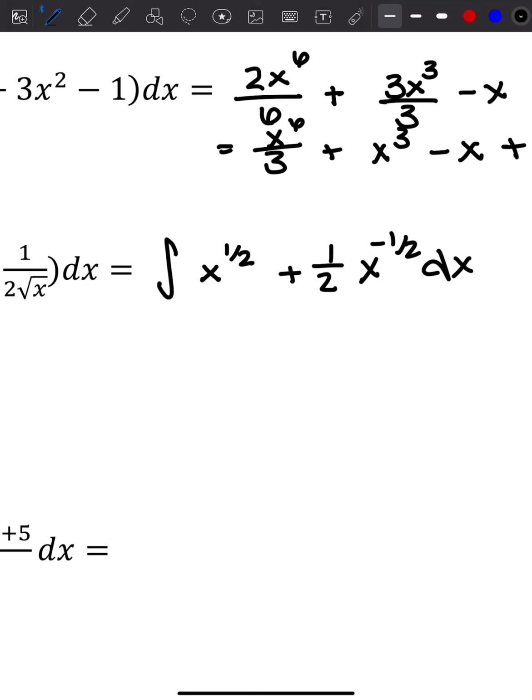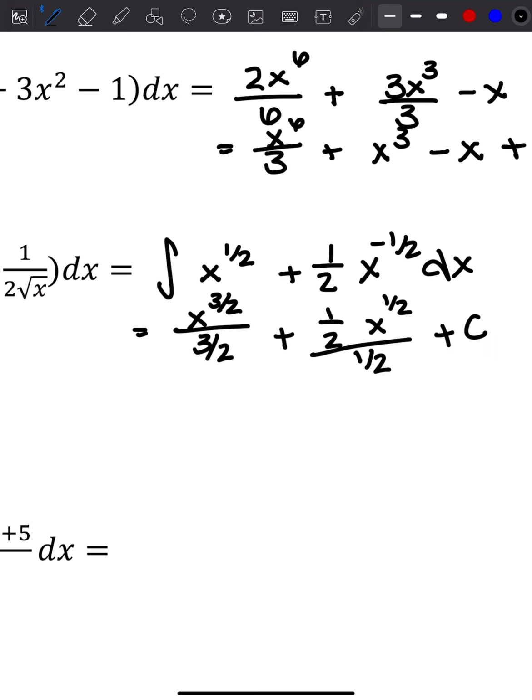What are we taking it with respect to? All of these different things are going to be with respect to x in this particular case. So same thing, add 1 to our exponent and divide by it. So x to the 3/2 power divided by 3/2, plus 1/2 times x to the negative 1/2, which then would give me x to the 1/2 divided by 1/2, plus c.